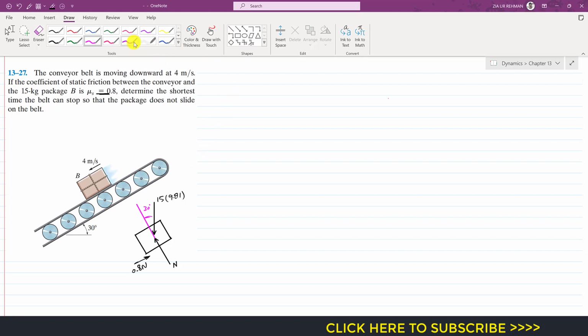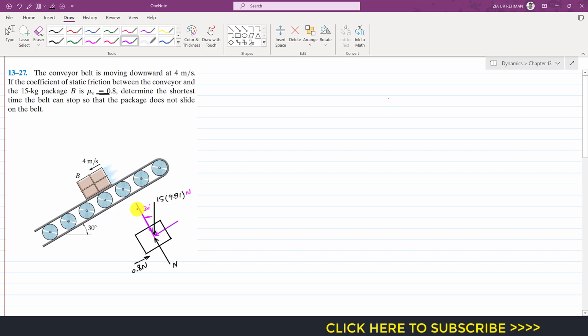Now we can resolve this weight into its components. It will have two components. One will be the cos component, and similarly it will have another component like this.